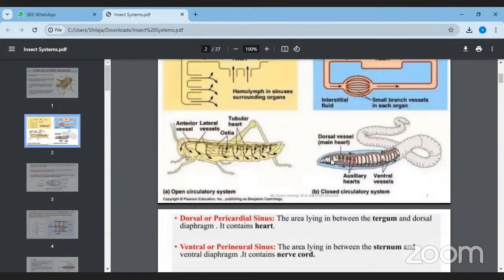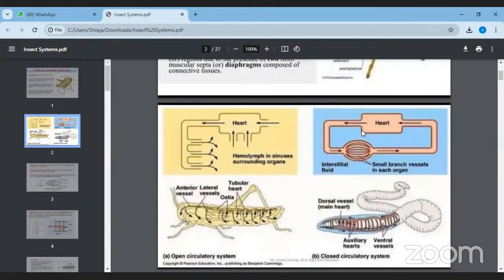When we see this diagram, you will get how it is divided into small branches of vessels in each organ, and how the circulation goes from the heart to the different organs, and from the different organs it is collected and again sent to the heart. So this way also you can show the diagrammatic figure.